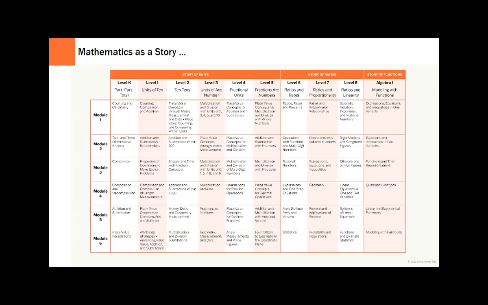As you can see from each one, it's that initial understanding and representation of part to total, and then breaking that up into units of 10, 10s, and so on. As they move up into the middle grades, the story of ratios, and then continuing on into algebra with the algebraic functions. And within each of those areas, there are 6 modules that the students will complete as they continue.